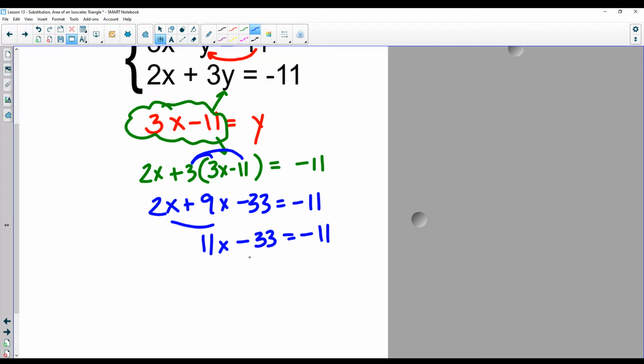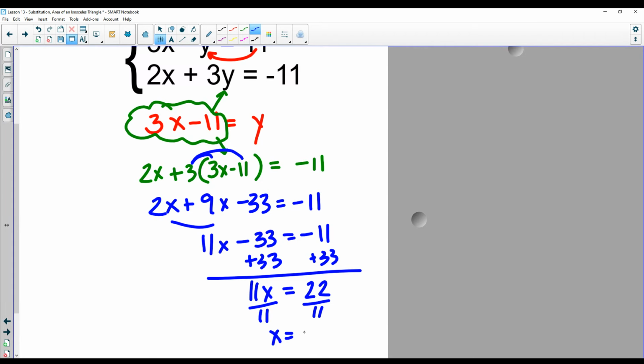All right, let's keep solving. We're going to add 33 to each side. And we've got 33 positive and 11 negative. I believe that should be 22. And we keep going. So what is x? x is 22 divided by 11, which is 2.